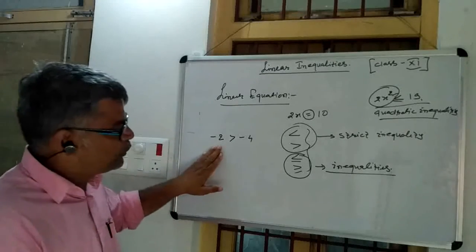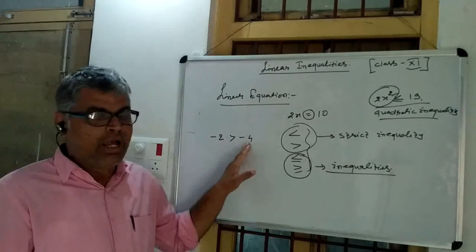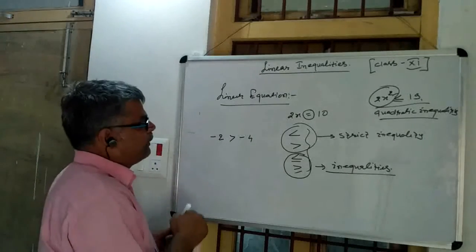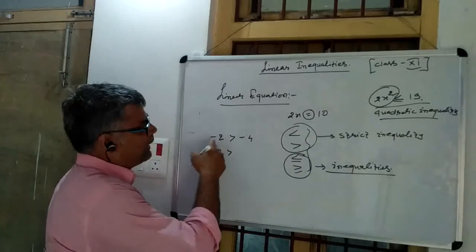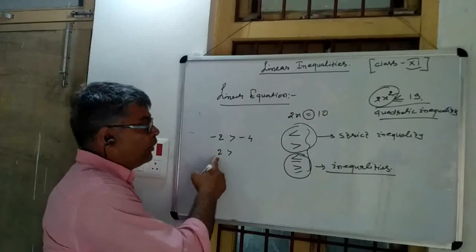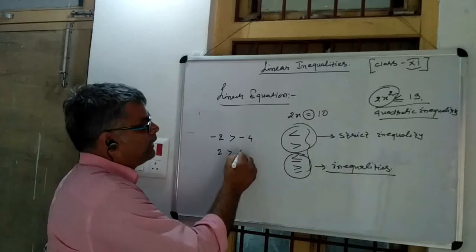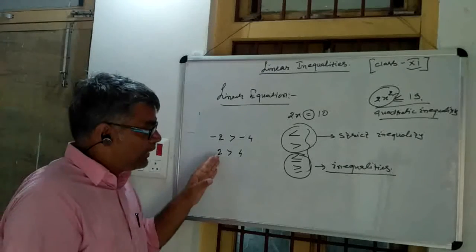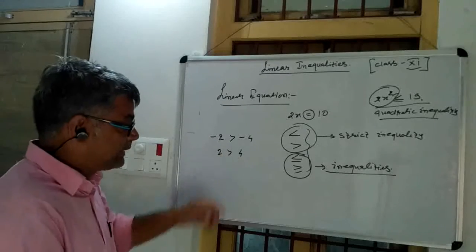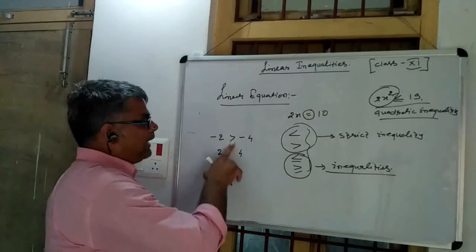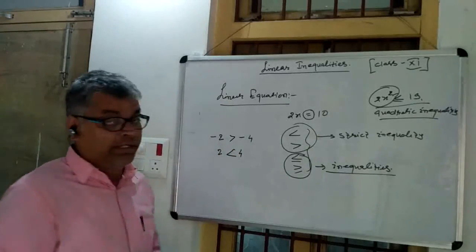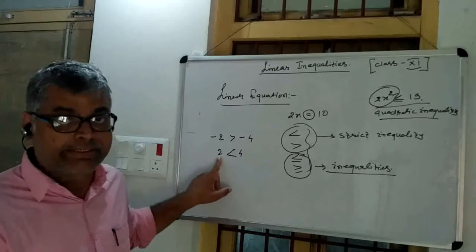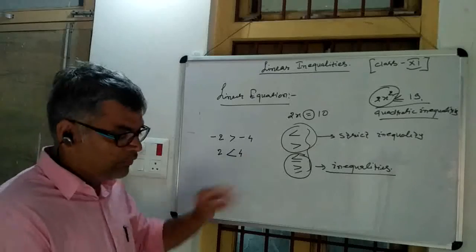When you multiply or divide by minus on both sides, it will become 2 is greater than 4. Is 2 greater than 4? No, this statement becomes wrong. So that's why the inequality will be reversed. Now this is the correct statement, that 2 is smaller than 4.